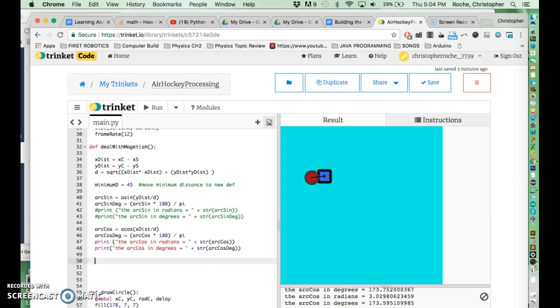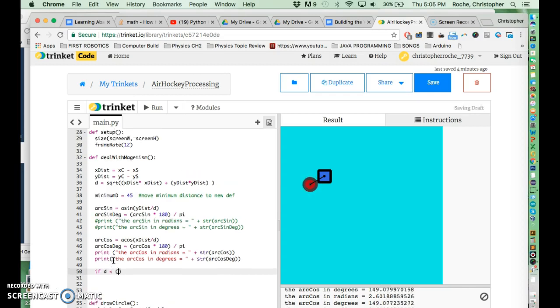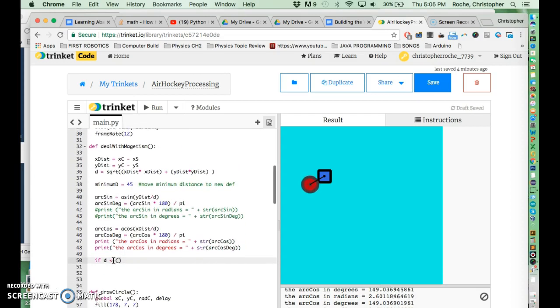So if the radius is between, what we're going to do is say if the distance is less than the radius of the circle plus the radius of the square, plus maybe, I don't know, say 5 or 10. Okay, so if it's like here, that would be the radius of the circle plus the radius of the square plus a little bit of an amount. So we want that to happen. If that's true, then I want to do something. Okay, and here's what you've got to do with this.